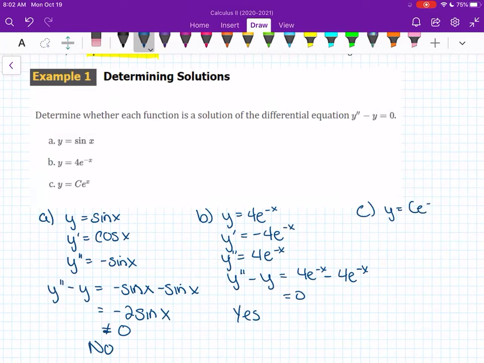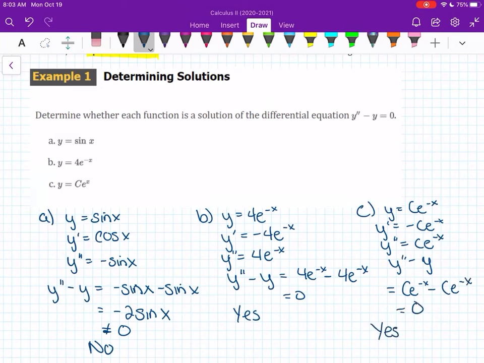My last one is very similar, but I have a constant c times e to the negative x. If I find my first derivative, I get negative c e to the negative x, and my second derivative is c e to the negative x. Plugging it into my differential equation, I get c e to the negative x minus c e to the negative x, which equals 0.